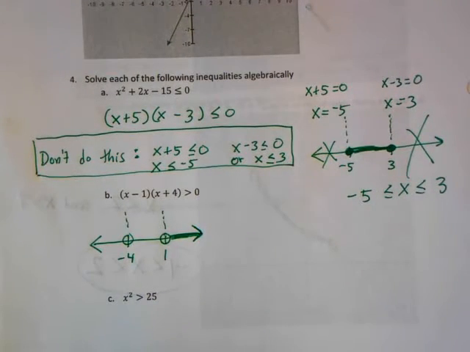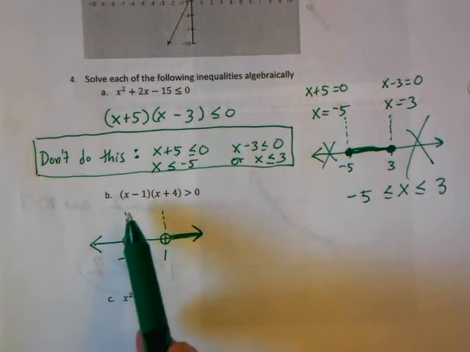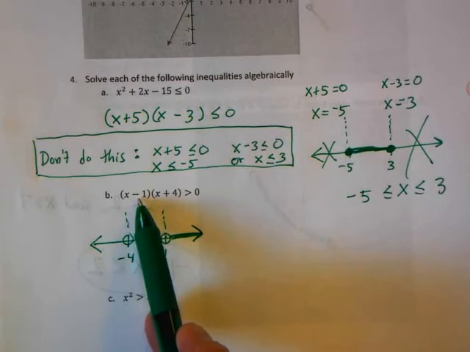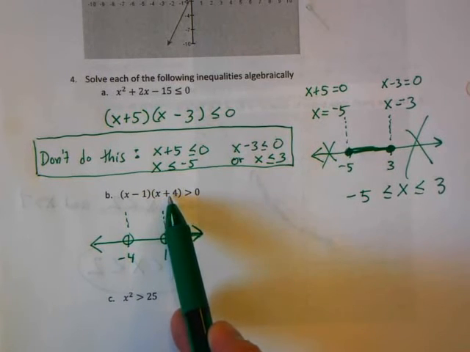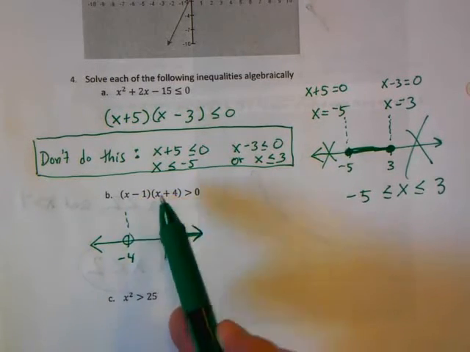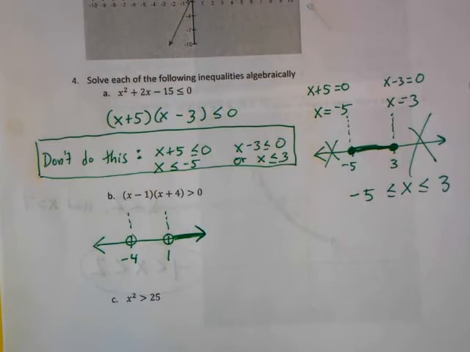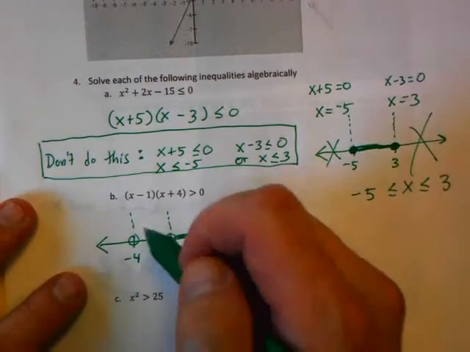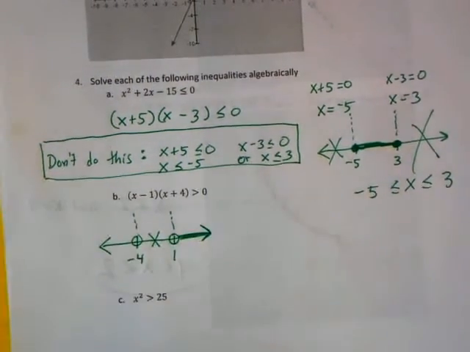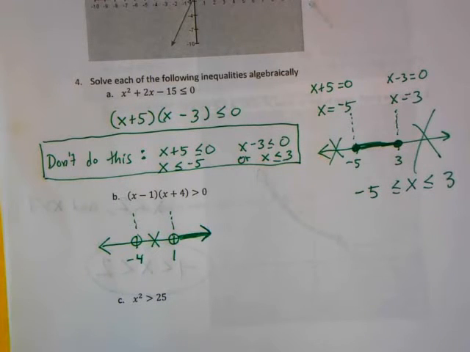Now, what's your favorite number between negative 4 and 1? 0. You plug in 0. What's 0 times 0 minus 1? 0 plus 4. Negative 1 times 4. Negative 4. Is negative 4 bigger than 0? No. Cross it out. Favorite number smaller than negative 4? Negative 6.